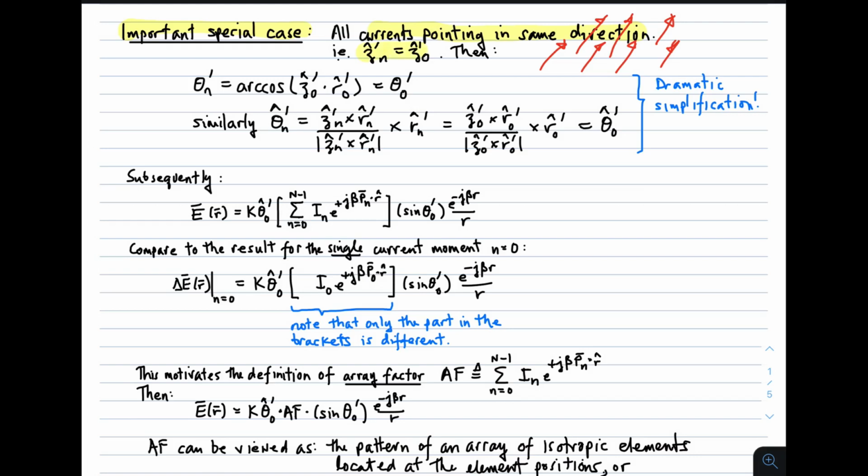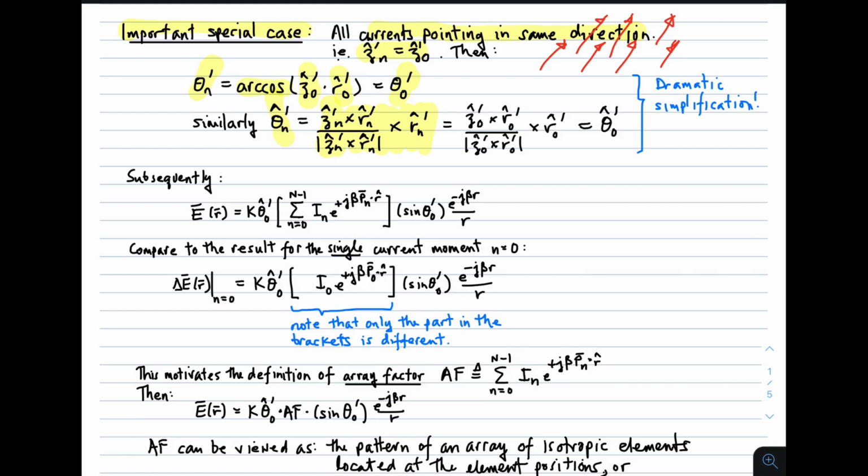And in that case, r prime hat sub n is equal to r prime hat sub naught. All of them are equal to that of the reference or the n equals 0 element. And in that case, theta prime sub n is equal to theta prime sub naught, where that's equal to arc cosine z prime hat sub naught dot r prime hat sub naught. And similarly, theta prime hat sub naught is given by this expression, which was worked out in a previous lecture.